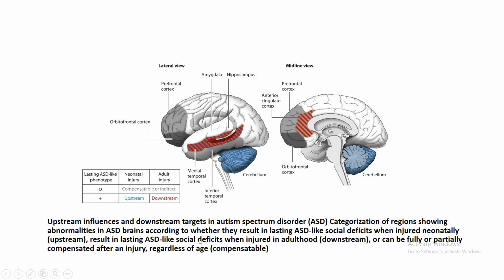And when an ASD-like social deficit injured in adulthood can be fully or partially compensated after an injury, regardless of age, it is called downstream.